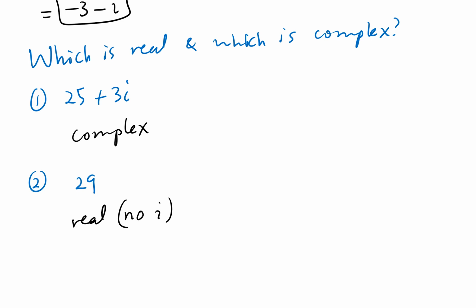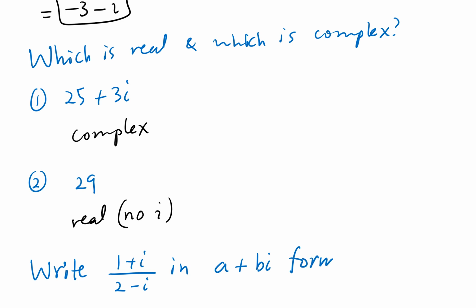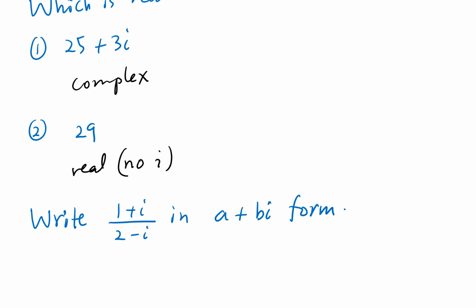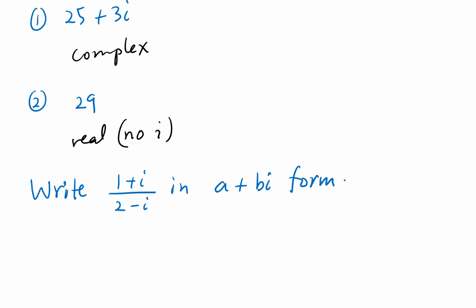Another application, or anything we can do here, if we are asked to write, let's say, a fraction, 1 plus i over 2 minus i, in a plus bi form. How do you write this in that form?